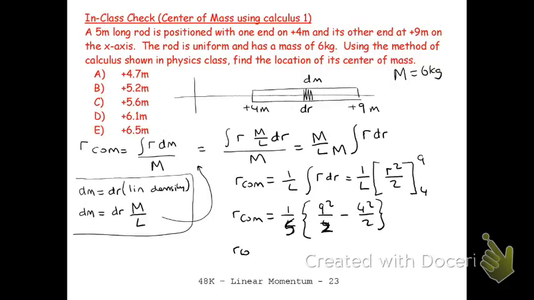So our center of mass is equal to 1 over 5. It's going to be 81 minus 16, which is 65, which equals 65 over 10, which is 6.5 meters. If you think about it, the middle of 4 and 9 is 4 plus 2.5, which is 6.5.